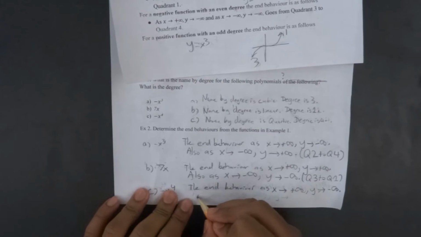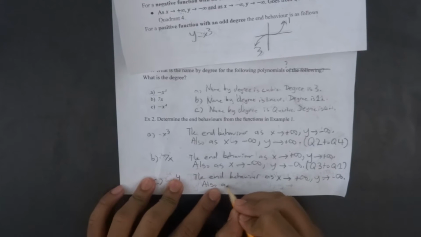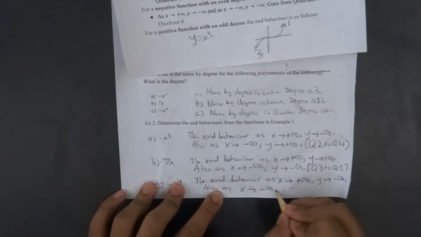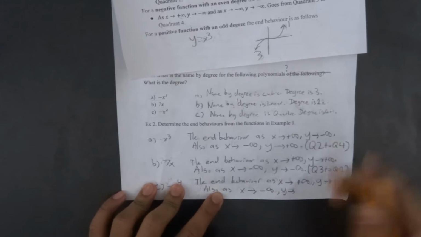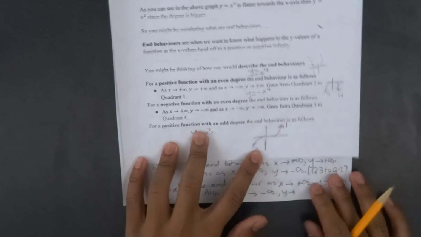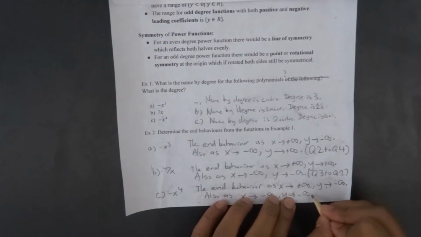So now you would want to know what happens when x goes to negative infinity. So you write also as x approaches negative infinity, y approaches, referring back to your notes again, you can see that it approaches negative infinity also. So you write y approaches negative infinity.